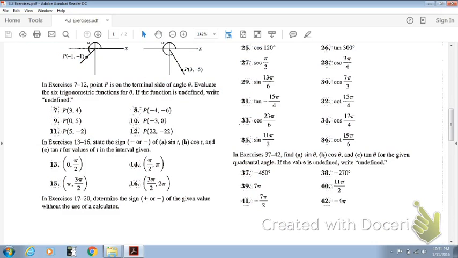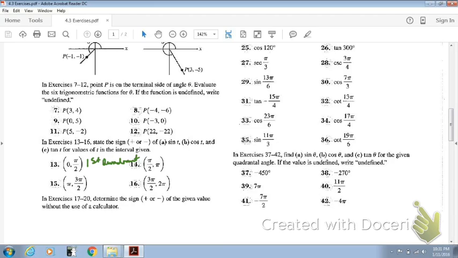So basically it's asking, if you were in the first quadrant of the coordinate plane, what sign would your sine, cosine, and tangent be?